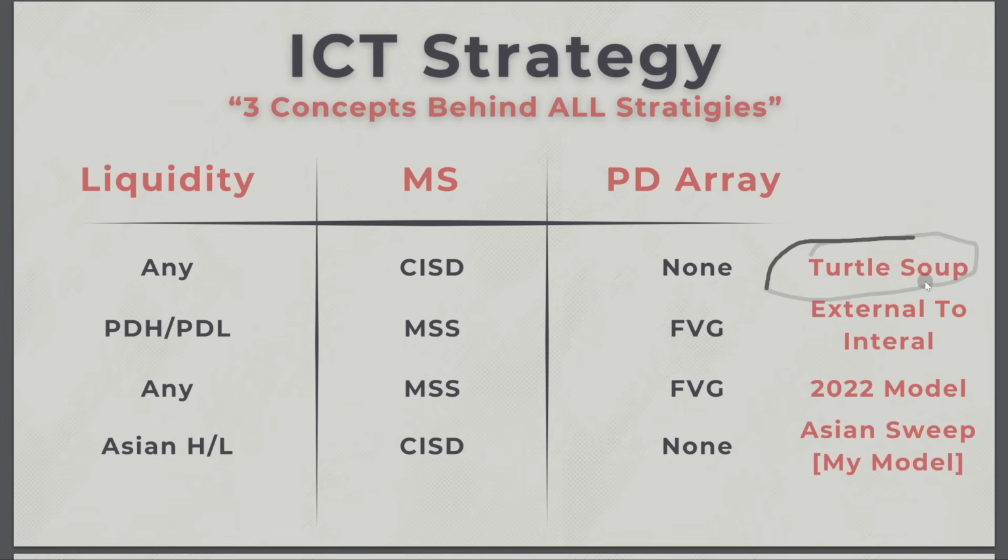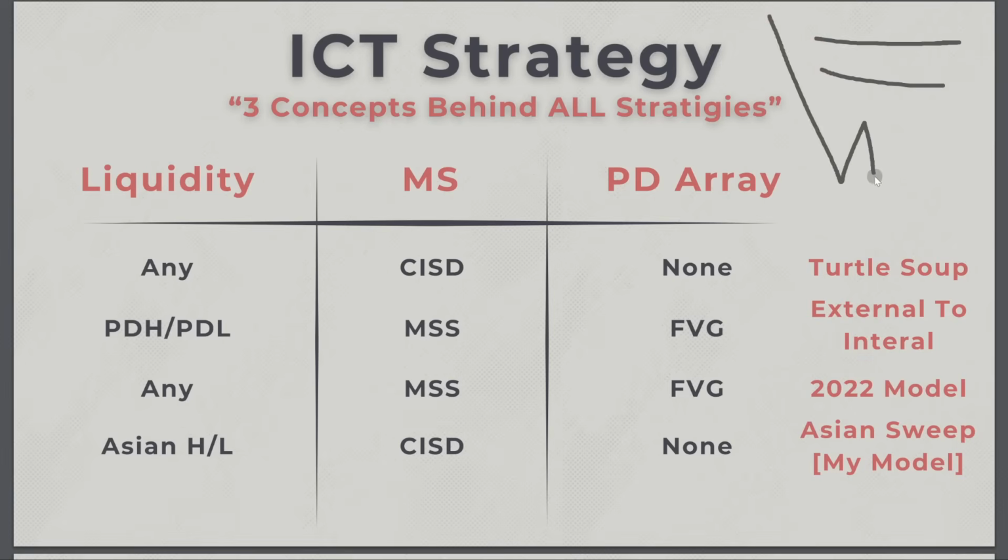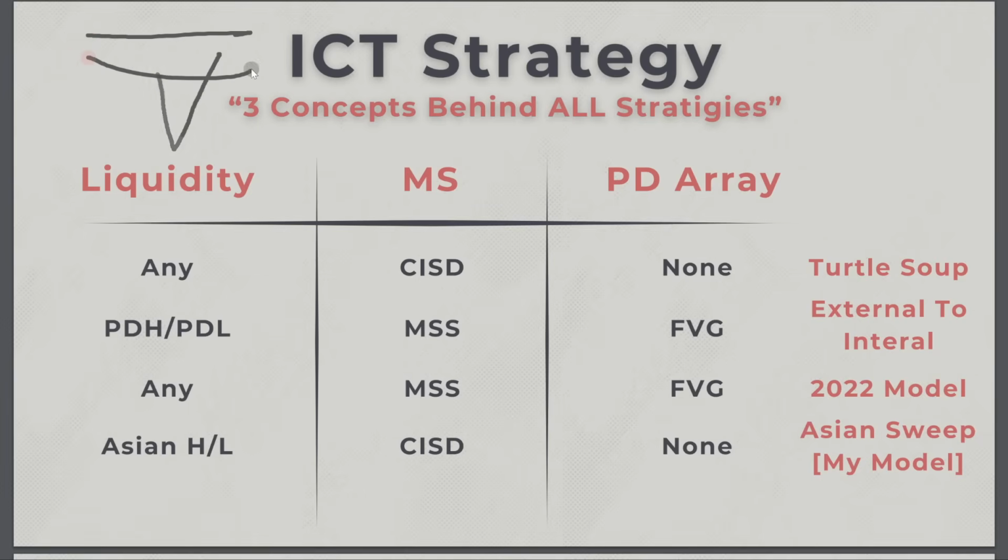Now let's say that there are some people who are coming with external to internal. So let's say, for example, taking previous day high or previous day low, then returning to the internal structure, right? So let's say price is coming lower, taking the previous day low, going to internal here. How do we deal with this? What is this based on? So when talking about liquidity, previous day low.